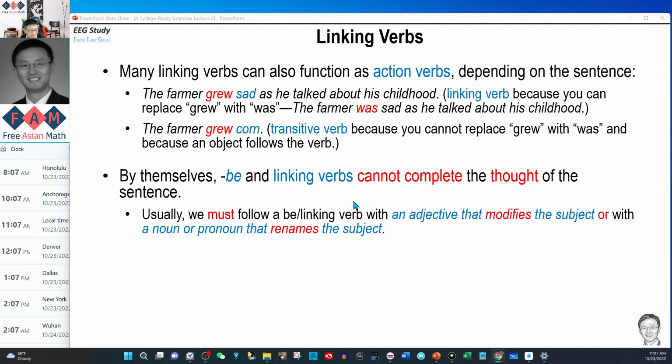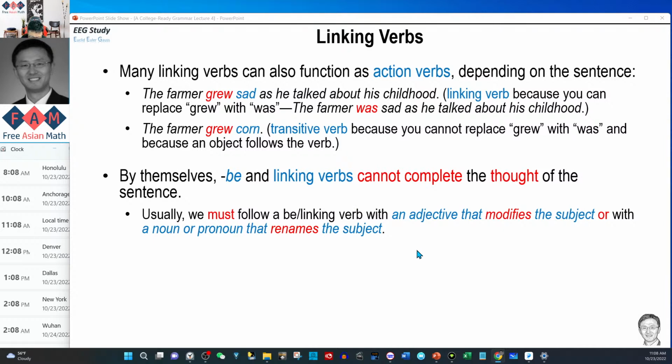That's in our patterns 1, 2, 6, 7: with an adjective that modifies the subject, that's called a predicate adjective. Or with a noun, or sometimes a pronoun, because a pronoun is an equivalent of a noun, that renames the subject. We just give the subject a second name, another name. Okay? So that's how we use this linking verb.